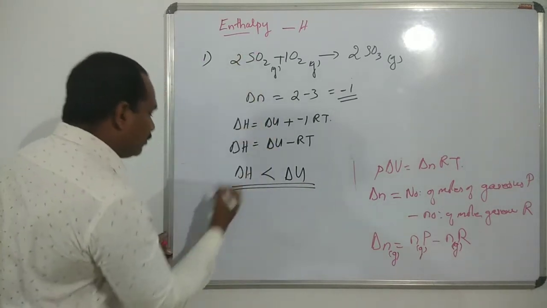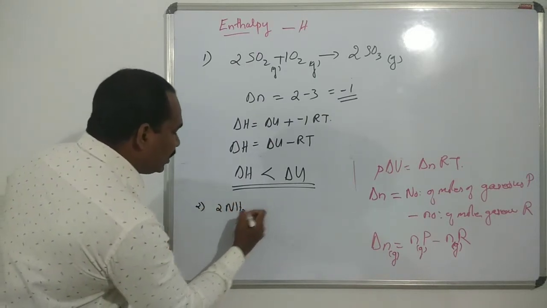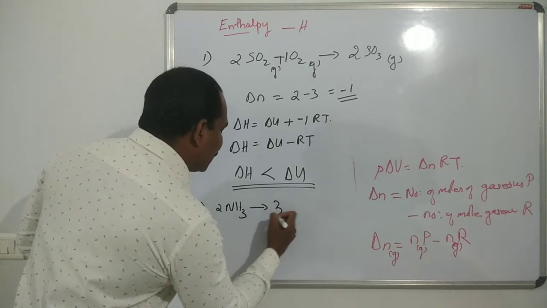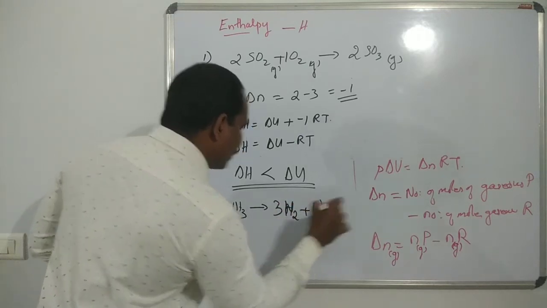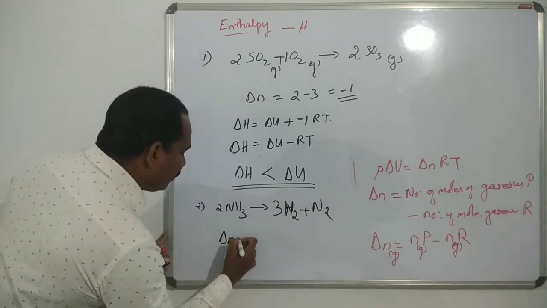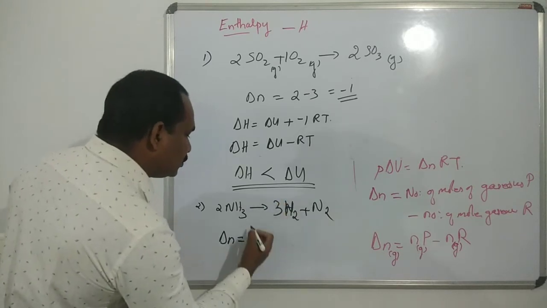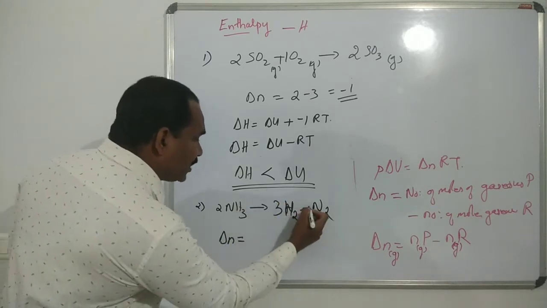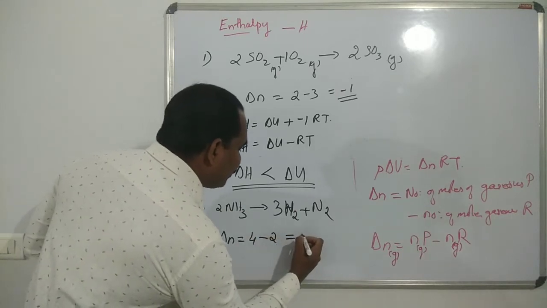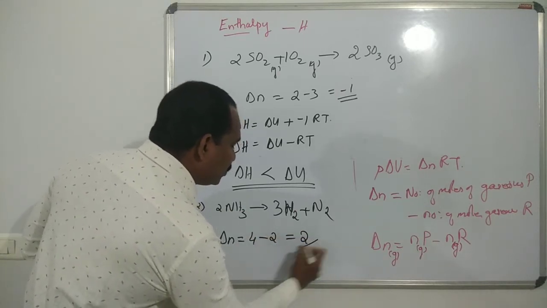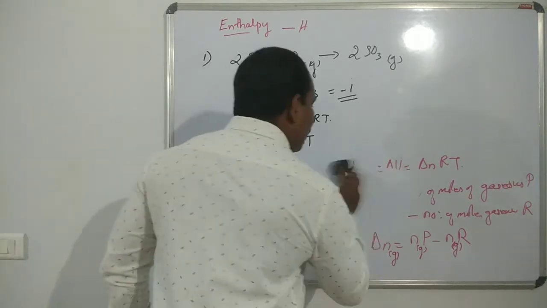And in the case of another equation, 2NH3 gives 3H2 plus N2. What is the change in number of moles? Delta n is equal to 3 plus 1, which is 4, minus 2. Here the change in the number of moles, delta n, is equal to 2.